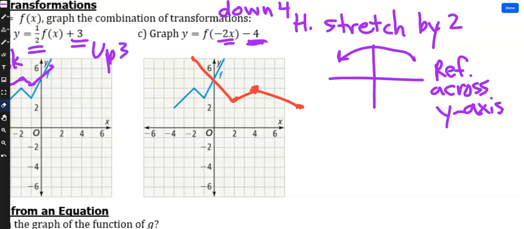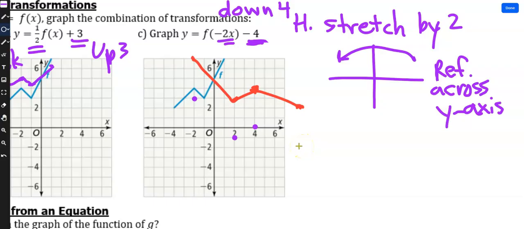And then lastly, we're going down 4 with the whole graph. So every one of those points can, you know what? I should just see if I can change it to circle. Down 4, boom. Come down 4, boom. Down 4, boom. And come down 4.